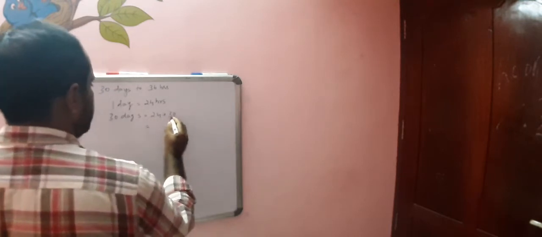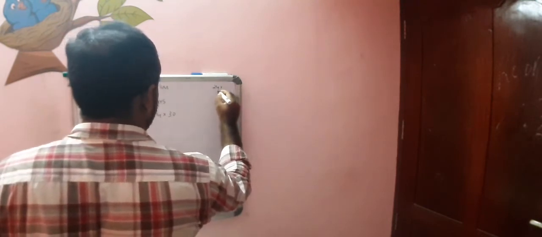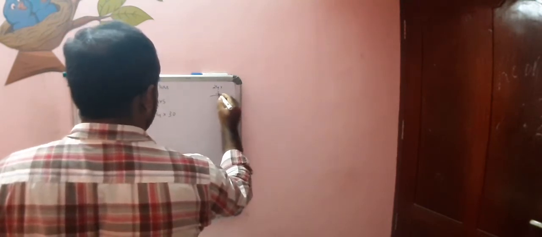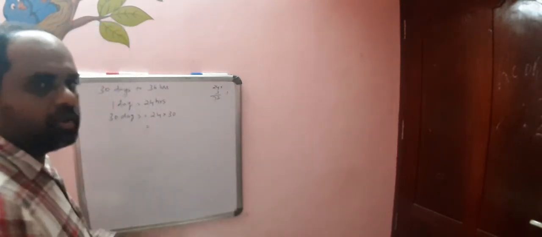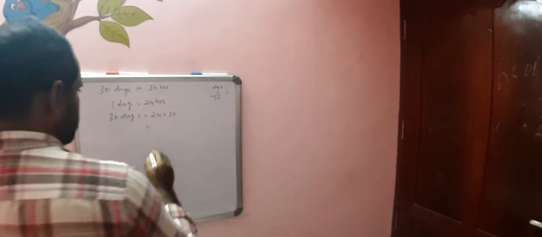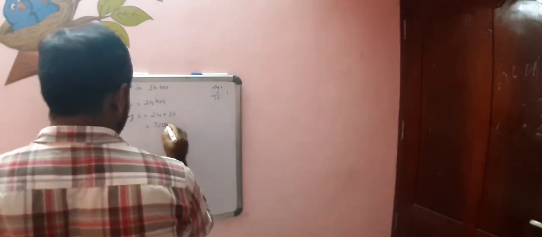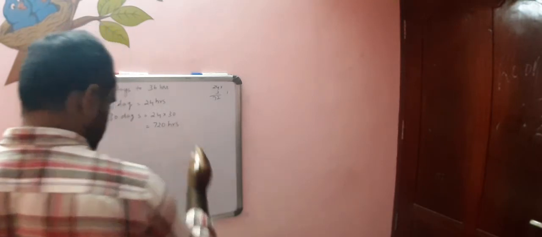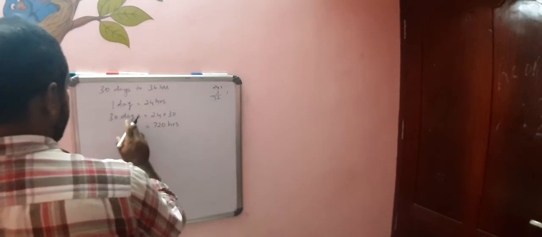Which is equal to 24 into 3, and then a 0. How much is 24 into 3? It is 72. So 72 and this 0, so 720 hours. So 720 hours is 30 days.